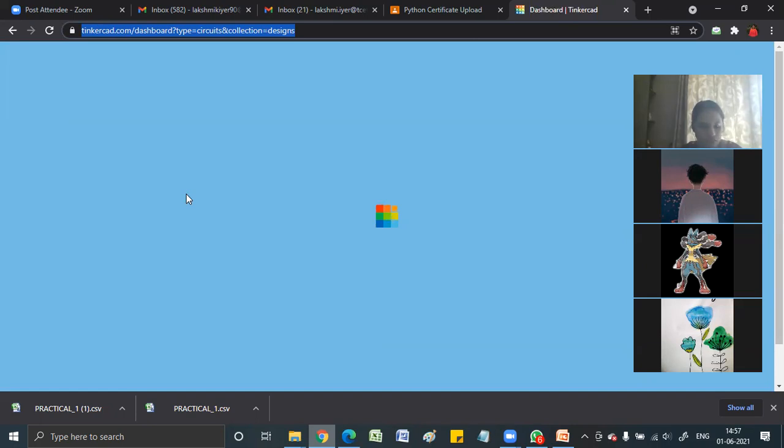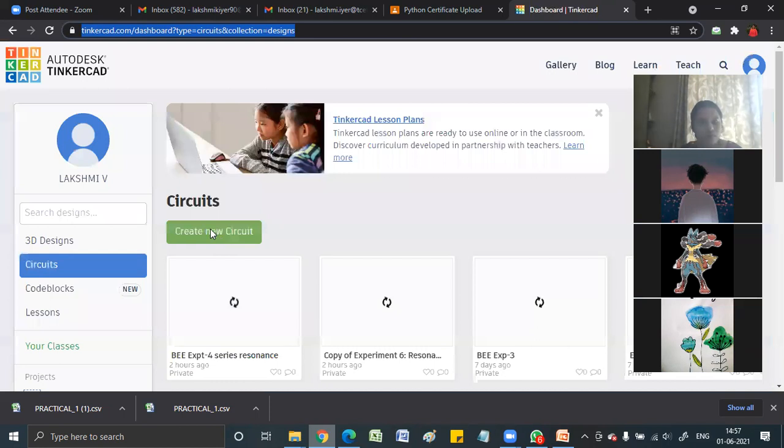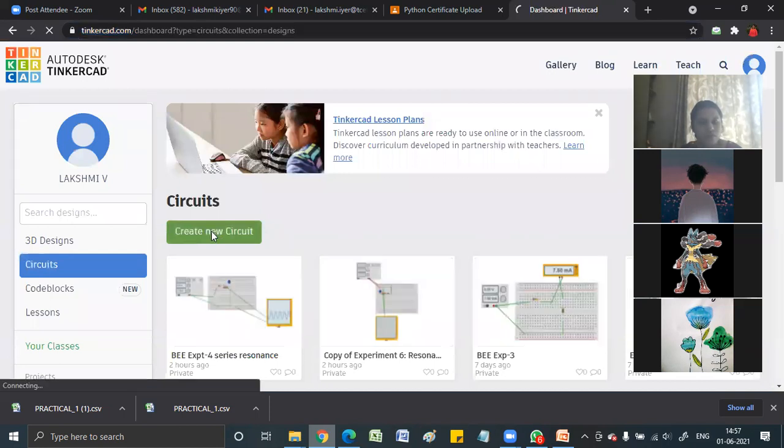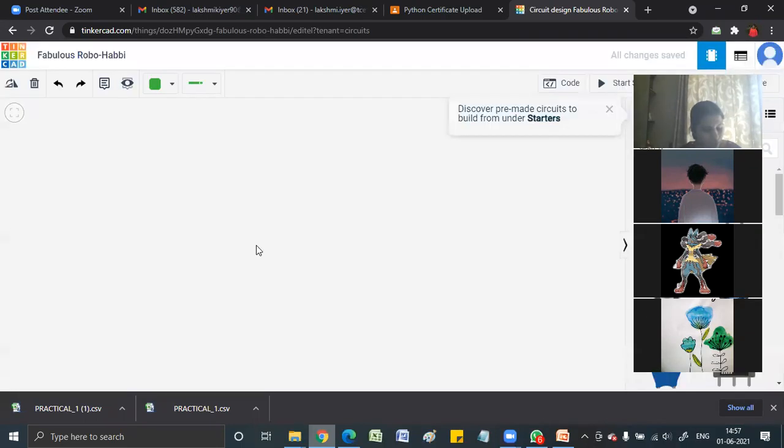Go to circuits, new circuit. Pick up the components: resistor, inductor, capacitor. What values will we take? The ones you wrote down: R is 1K, C is 0.1 microfarad, and L is 39 millihenry.